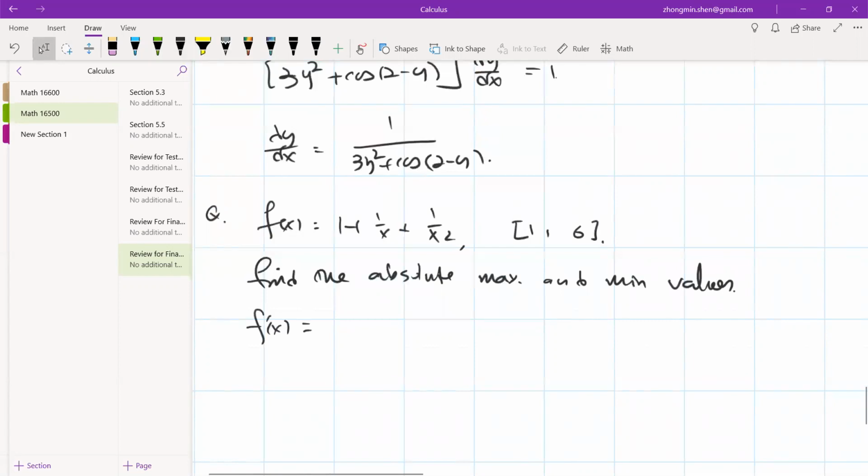In order to find the critical numbers, I differentiate, right? So the function here is x to the negative 2 minus 3x. In other words, it's just negative 1 over x.